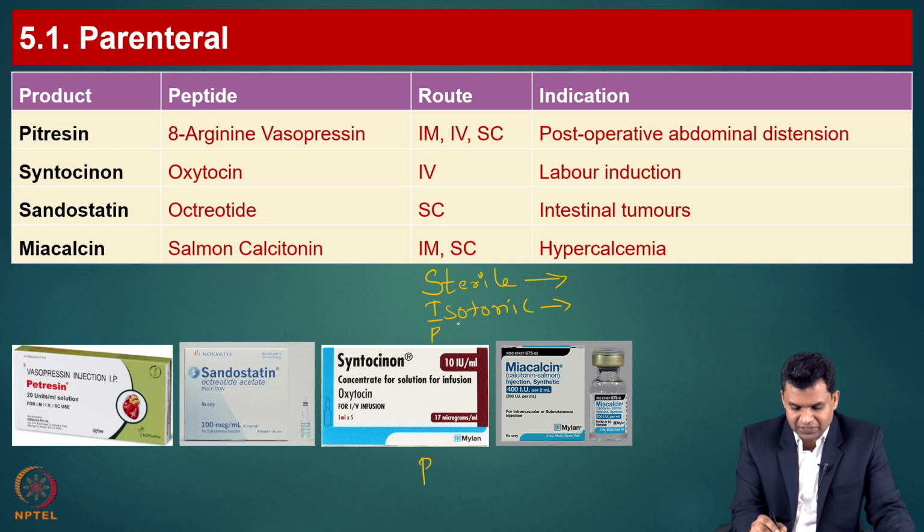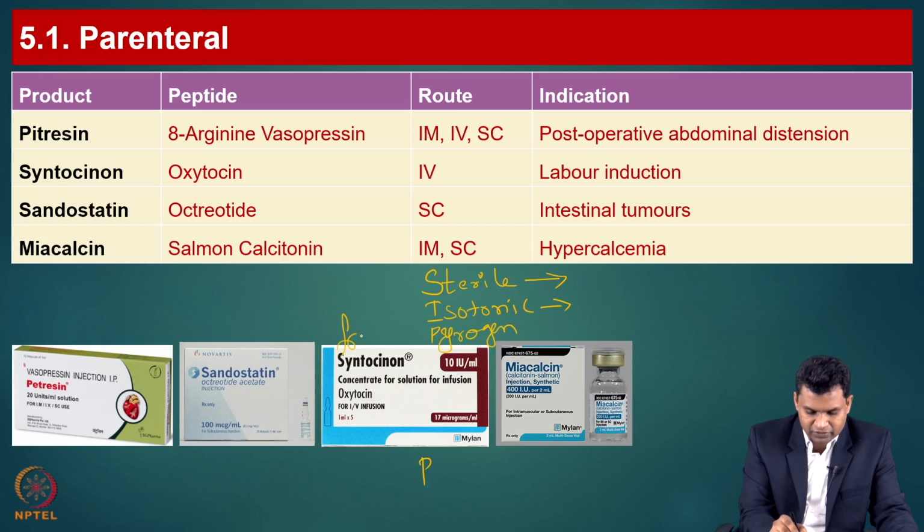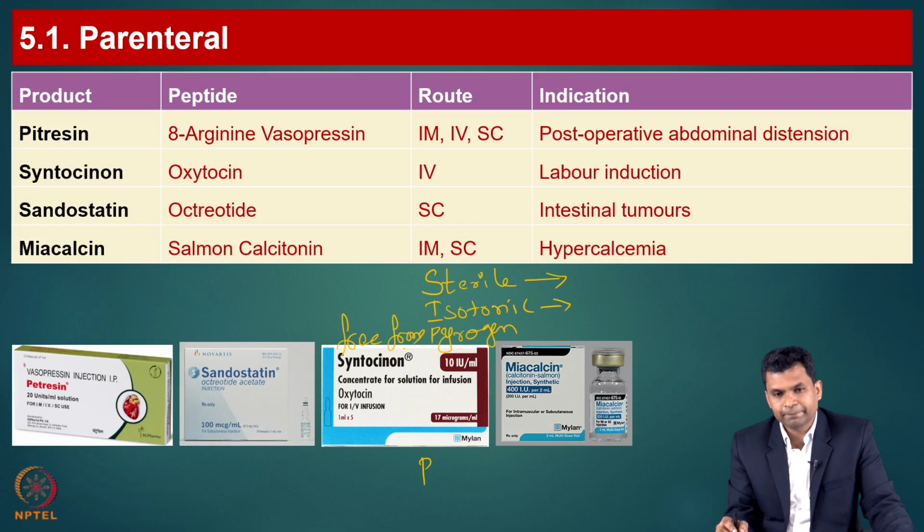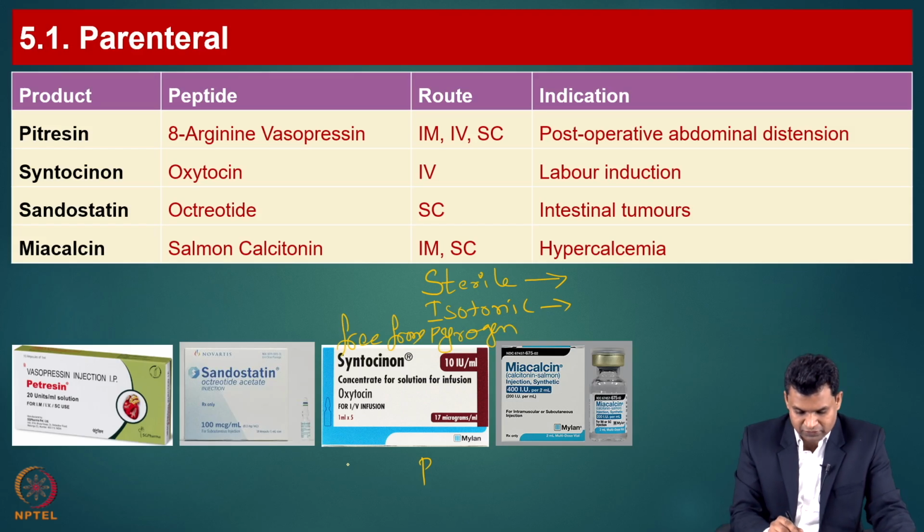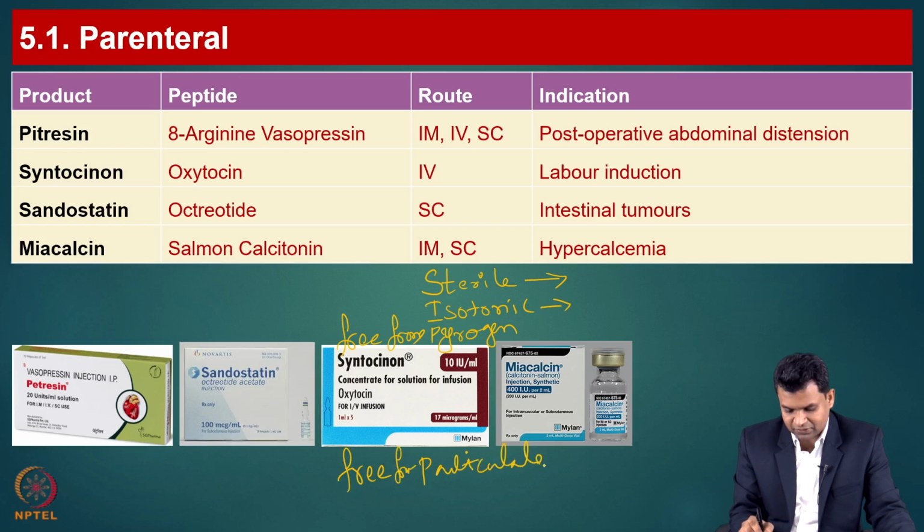Now the third P is pyrogens, that means free from pyrogens. And the fourth one is free from particulate matter.